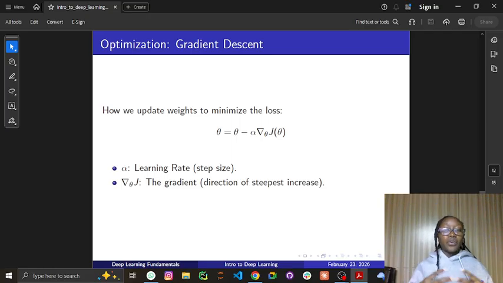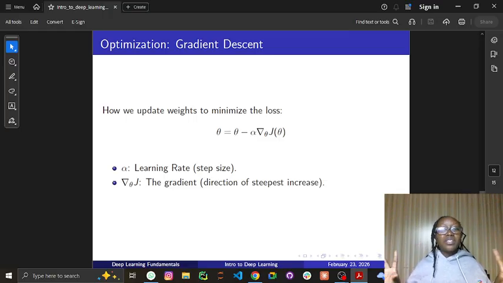You can't see the valley because it's foggy, but you can feel the slope of the ground under your feet. So you take small steps in the direction that goes downwards, and that step size is the learning rate. If the step is too big, you might overstep the valley. If the step is too small, you might take millions of years to get there.